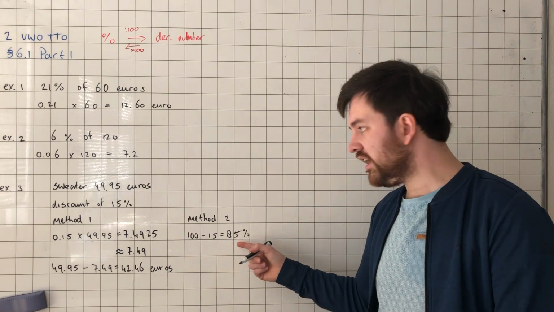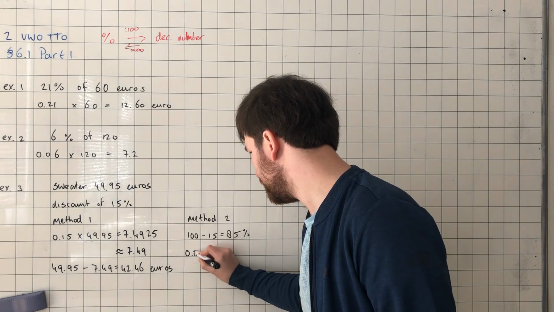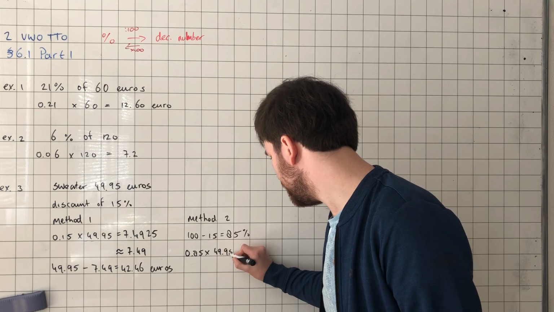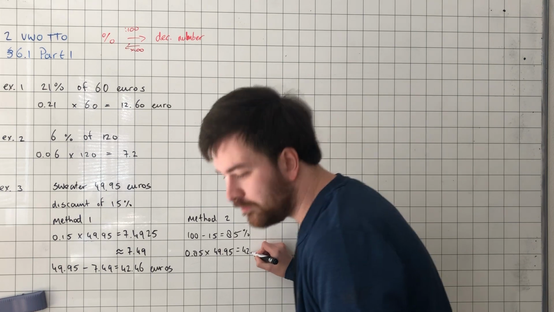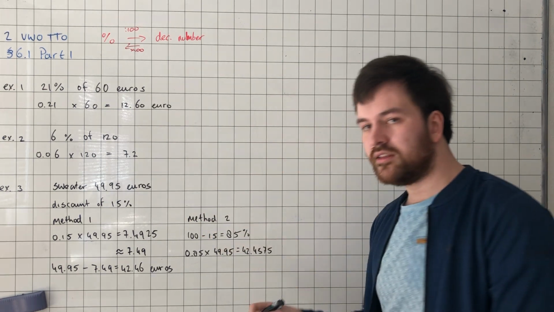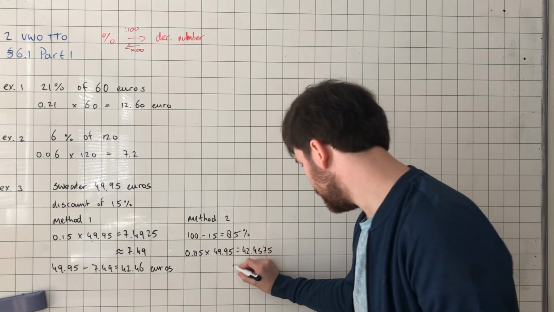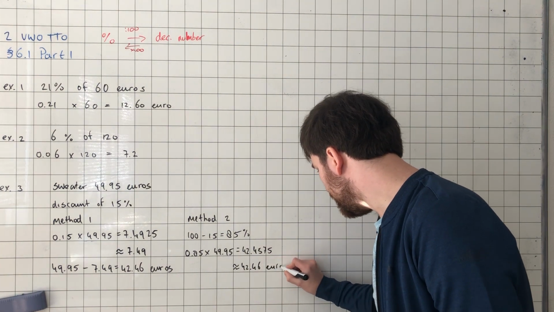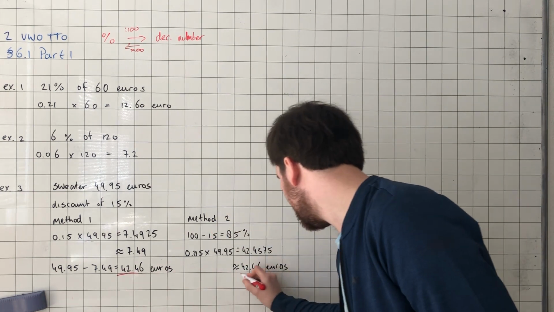So we want to calculate 85% of 49.95, which means 0.85 times 49.95, which is, of course, 42.4575. And since we're working with money again, we have to round it to 2 decimals, so 42.46 euros, which, luckily for us, is also the same answer we already had.